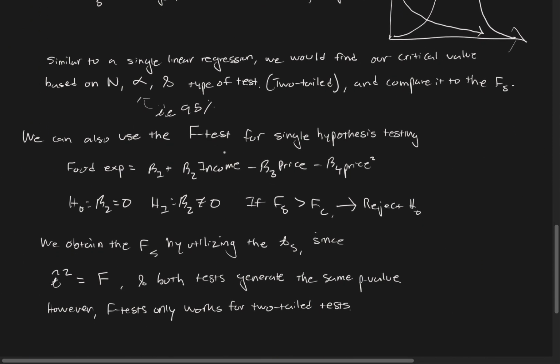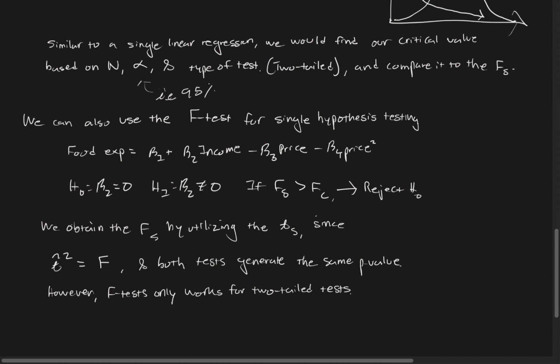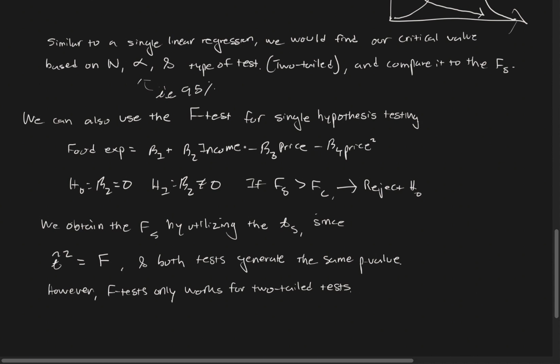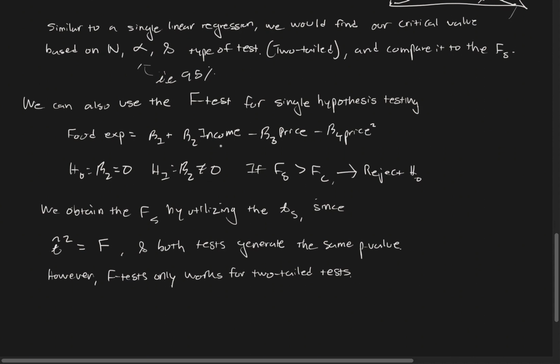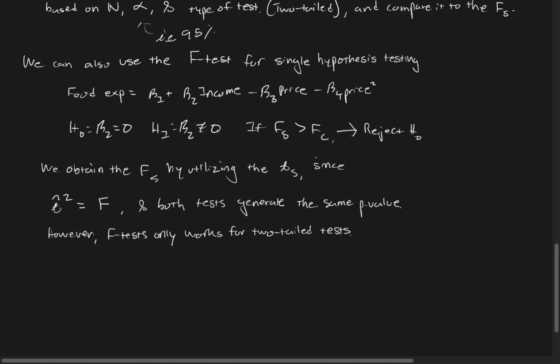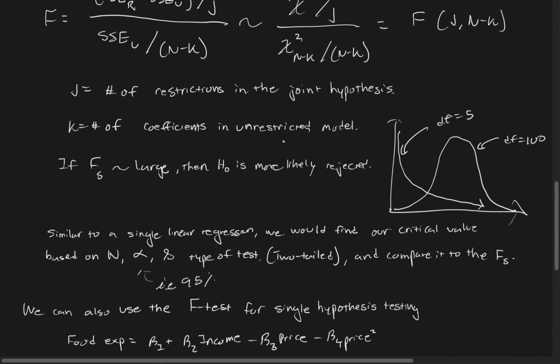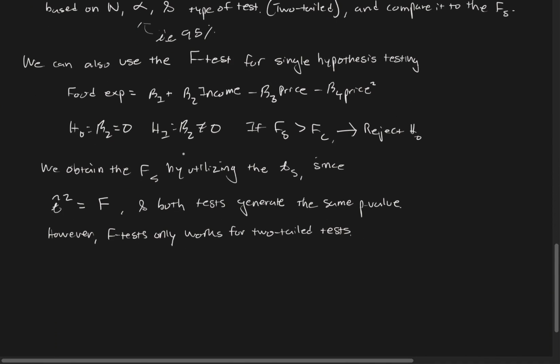And then, like I went over, we can use the multiple regression joint hypothesis testing for a single hypothesis test. So let's say we want to test if a single coefficient is significant. If we want to find out if income is significant or not, our null would say it's not, and the alternative would say it is. And then we could find the F statistic using this formula right here to determine whether we should reject the null.